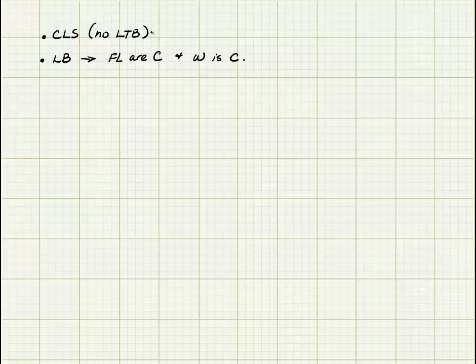So because I have continuous lateral support, I know that there's no lateral torsional buckling, so my capacity is going to be limited by the plastic moment. Right, M sub p.